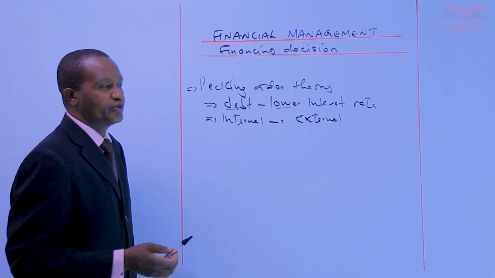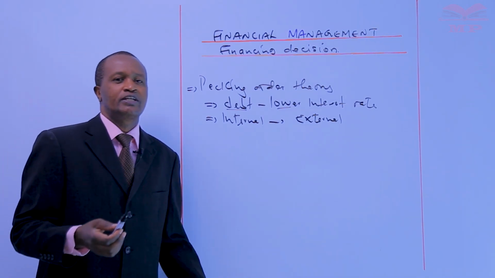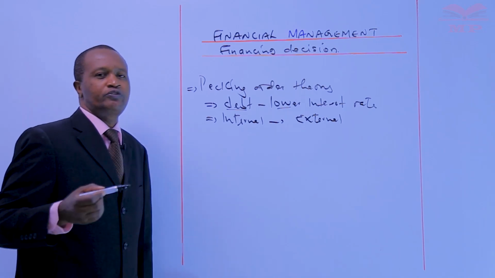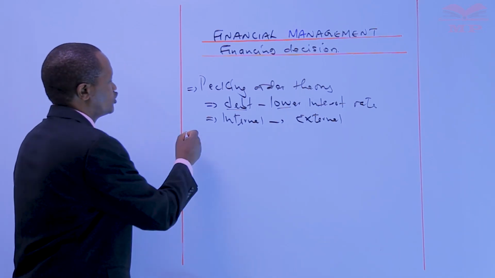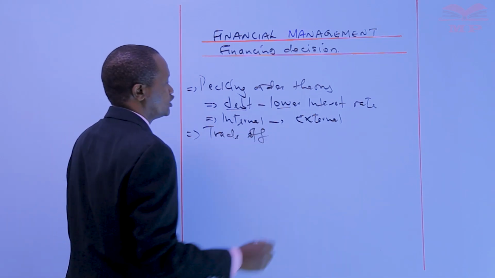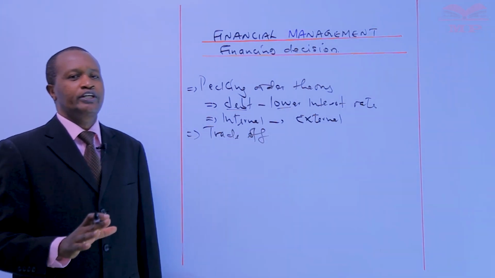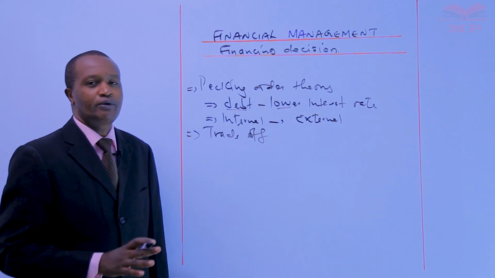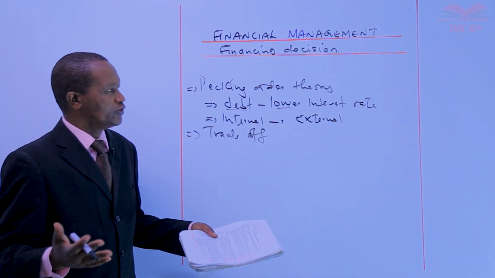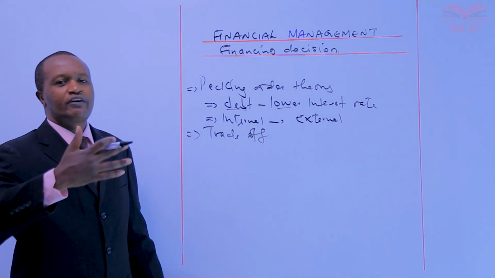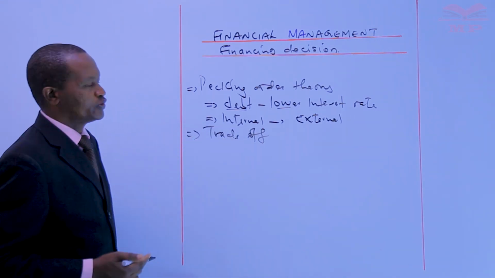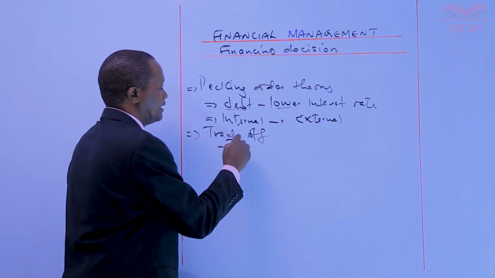And another theory which can help a finance manager to make financing decisions is what we call the trade-off theory. Trade-off theory. What is this theory all about? Now, the trade-off theory is where firms are assumed to trade off what we call tax benefits.